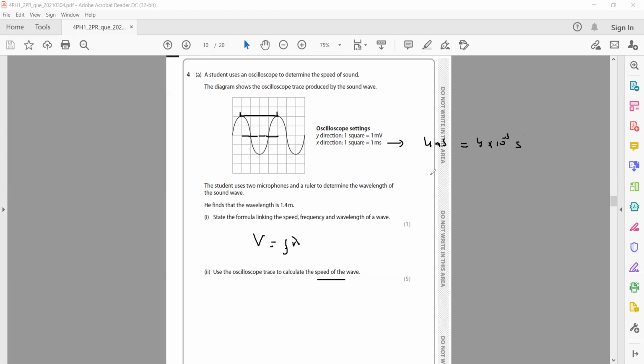And then we need the frequency. Frequency is the reciprocal of the time period, so it will be 1 divided by T, or 1 divided by 4 into 10 to the power minus 3. This will give us the frequency, which will come out to 250 hertz.